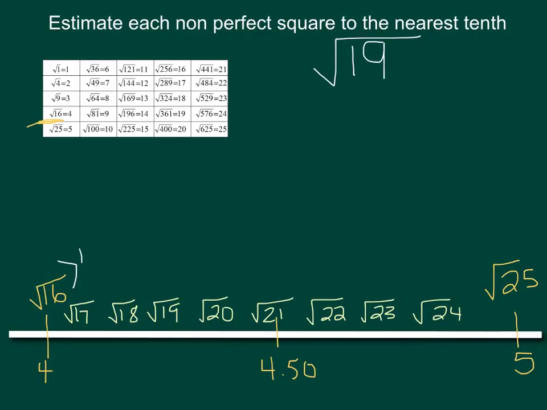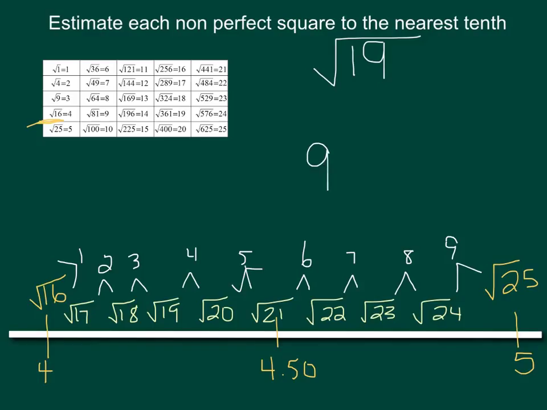From 16 to 17 would be 1, 17 to 18 would be 2, 3, 4, 5, 6, 7, 8, and 9. So the distance between 16 and 25 is 9.